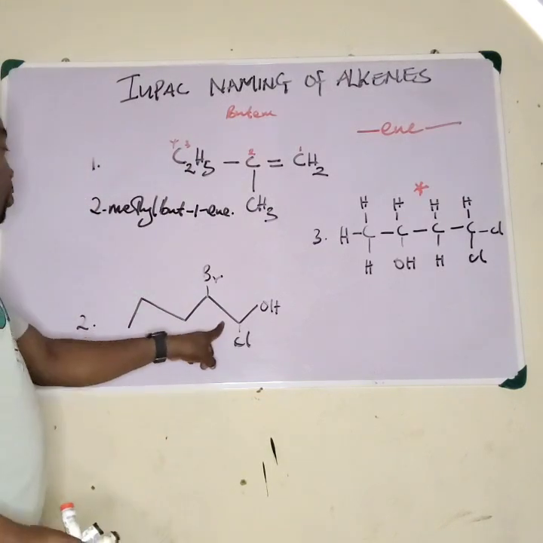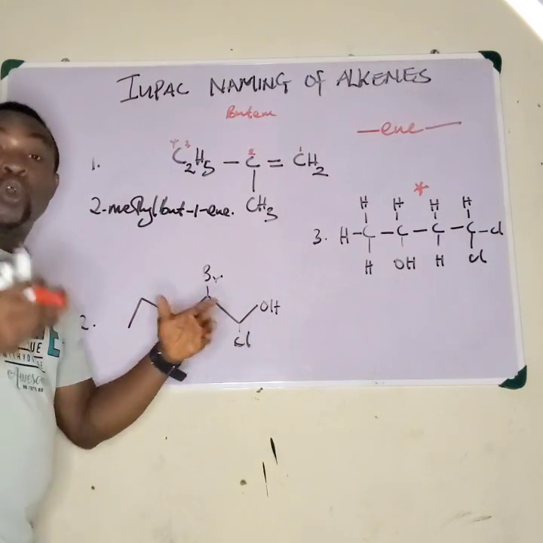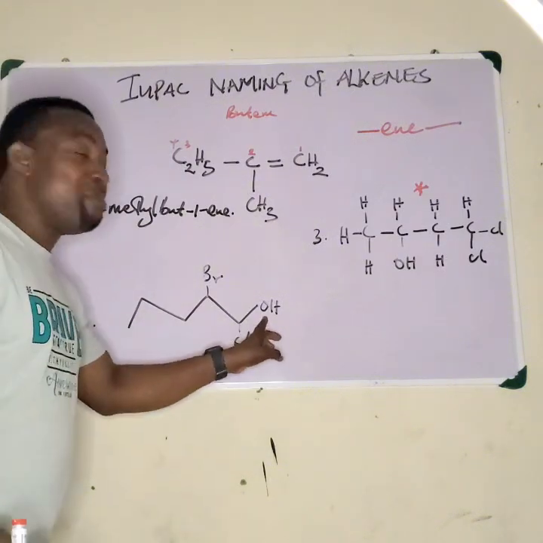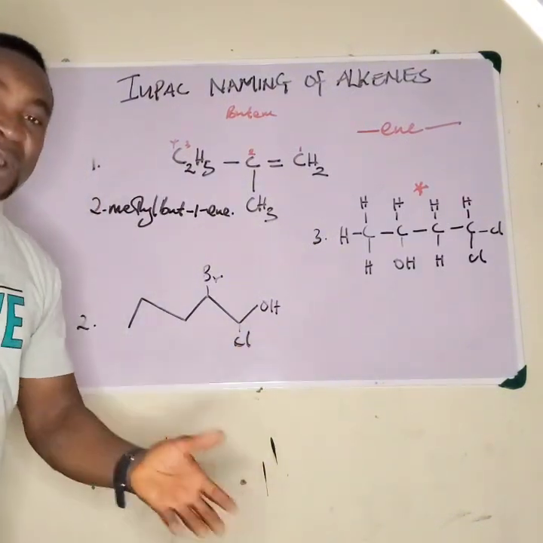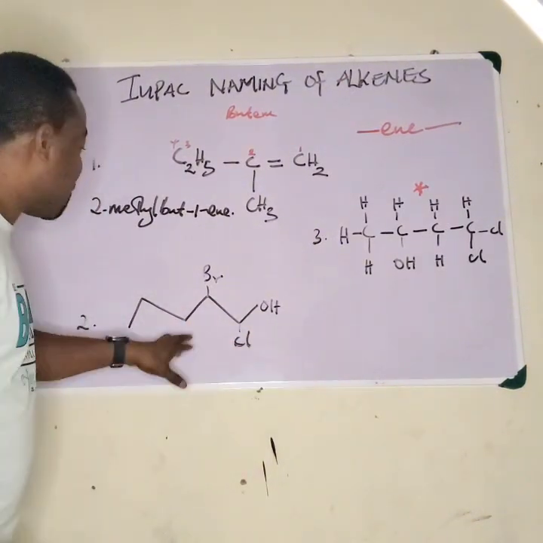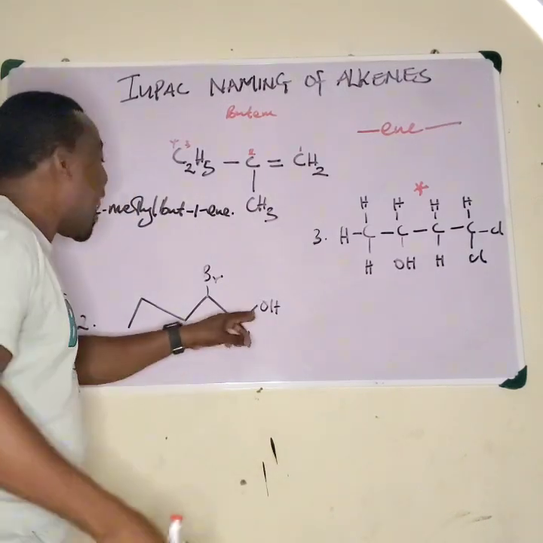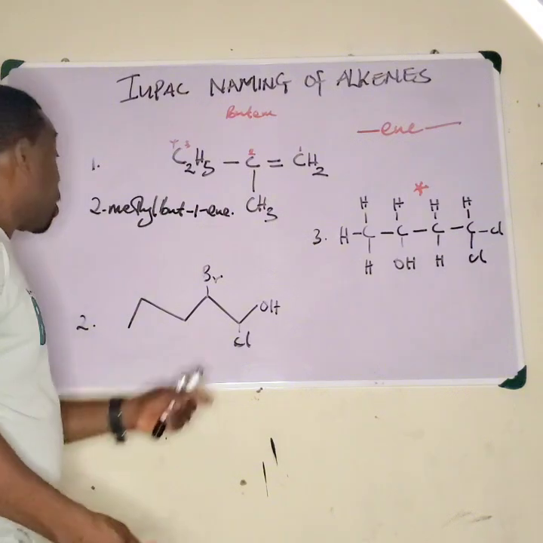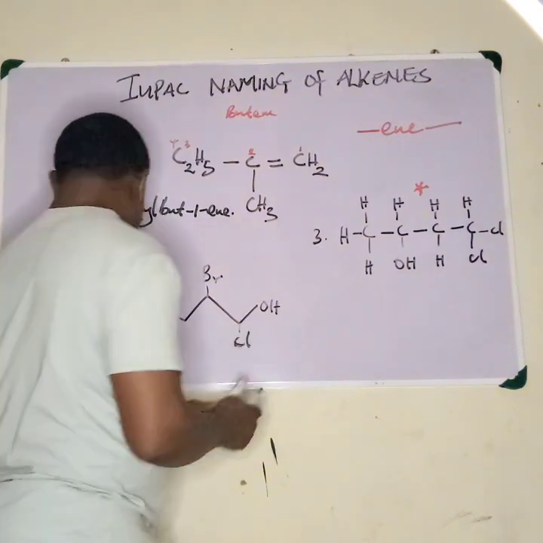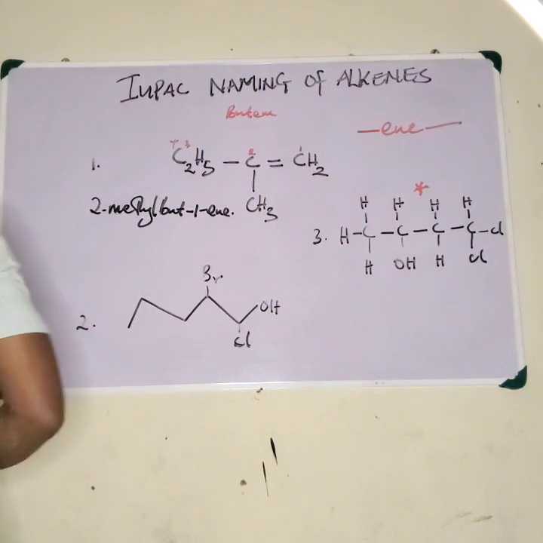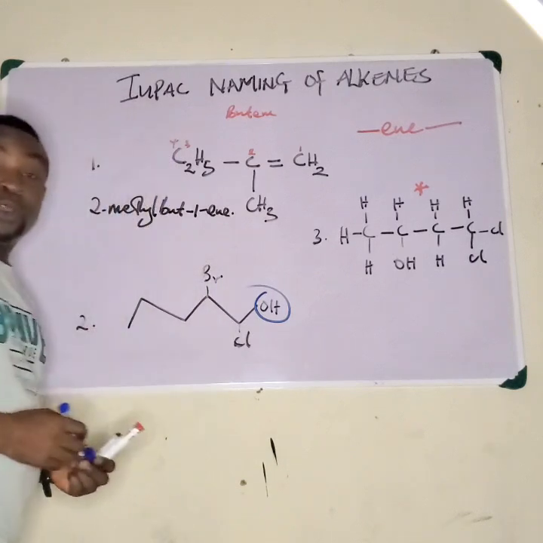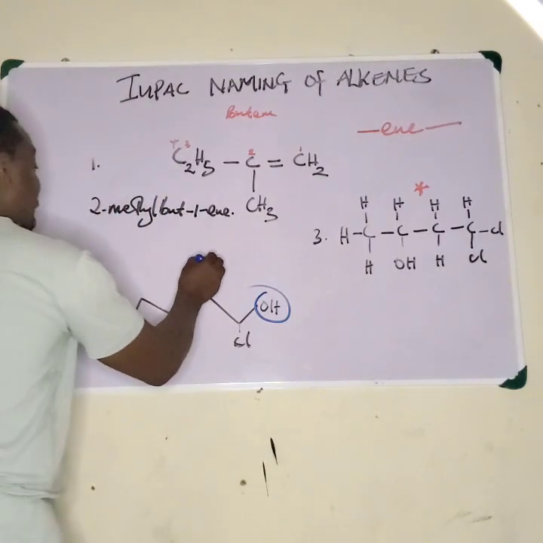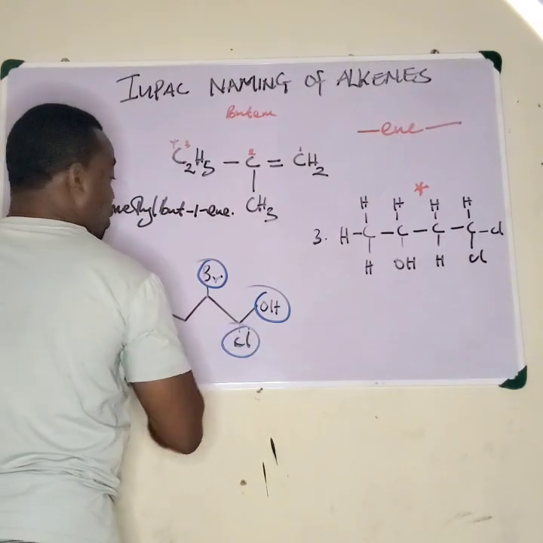There is no double bond here, and we have an OH group. OH is a functional group, and we have substituent number 1, substituent number 2.